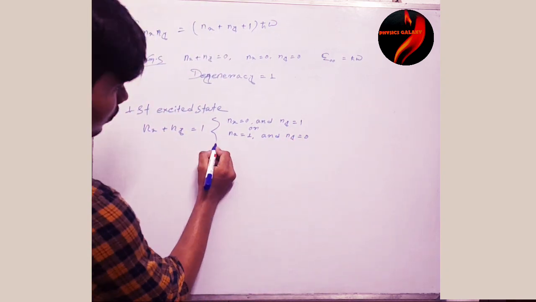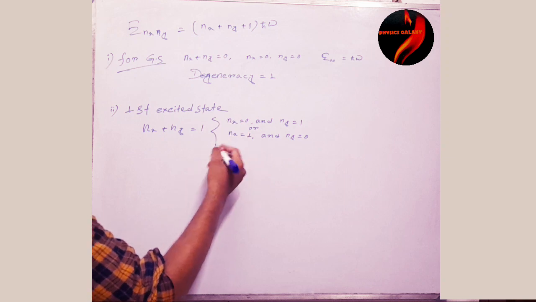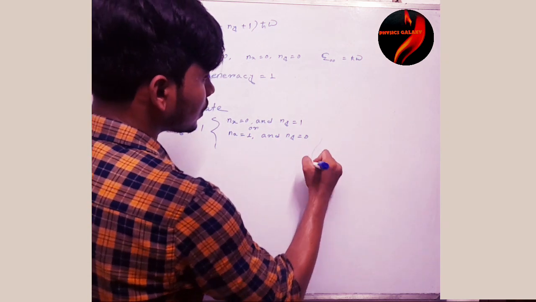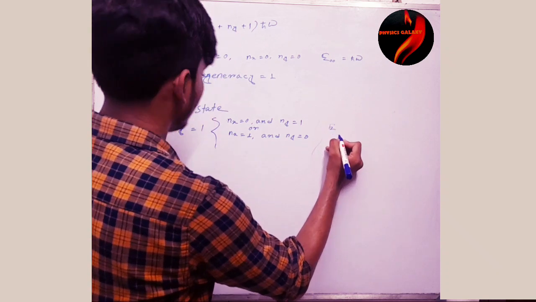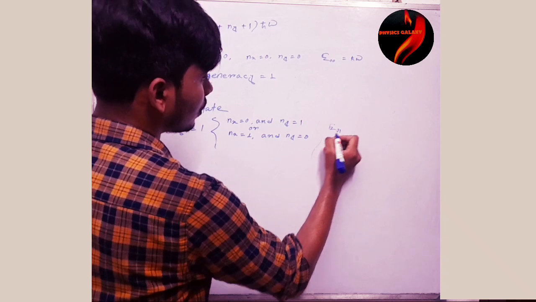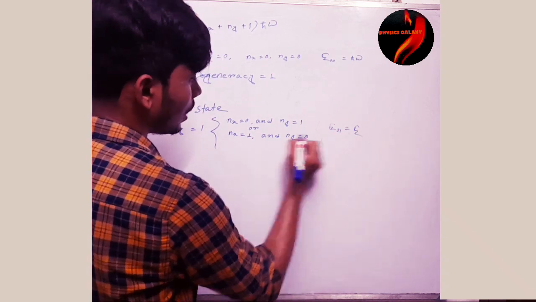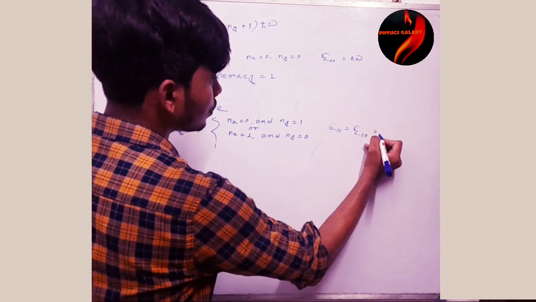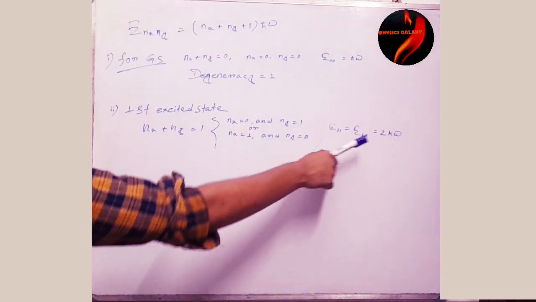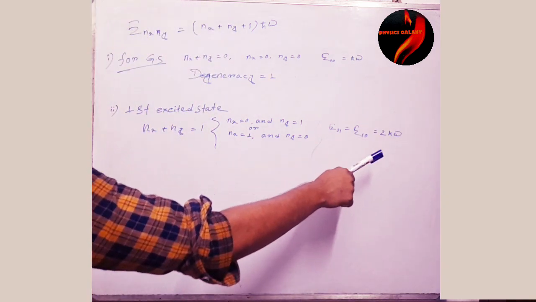So we have two combinations of nx and ny, and for this state we get the energy E01 equals E10 equals 2 h cut omega, and this is the energy of the first excited state.